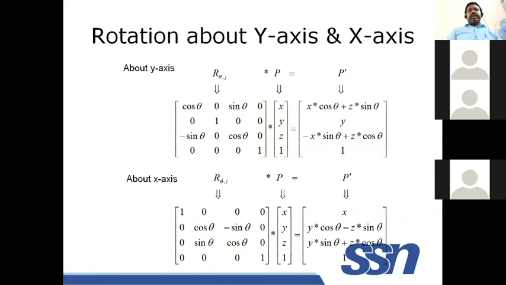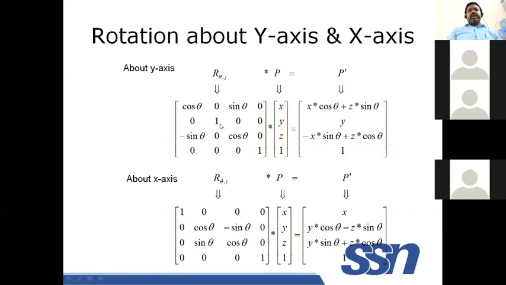So the rotation can be either with respect to the y-axis or x-axis. In case of the y-axis, the difference is, in the second row and second column, this element will be 1, others will be 0, 0, 1, 0, 0, here 0, 1, 0, 0. Remaining terms you have to write.